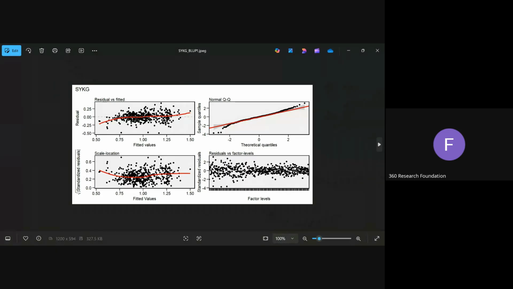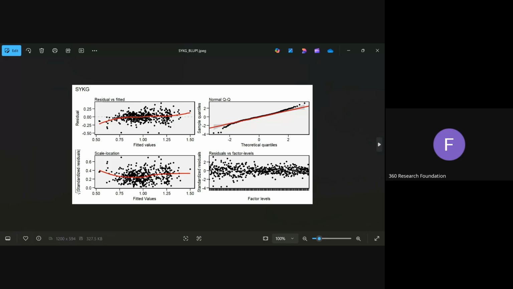So this first set of graphs will check whether the model we are using for this particular trait is correct or not. That is the objective of this first set of graphs.